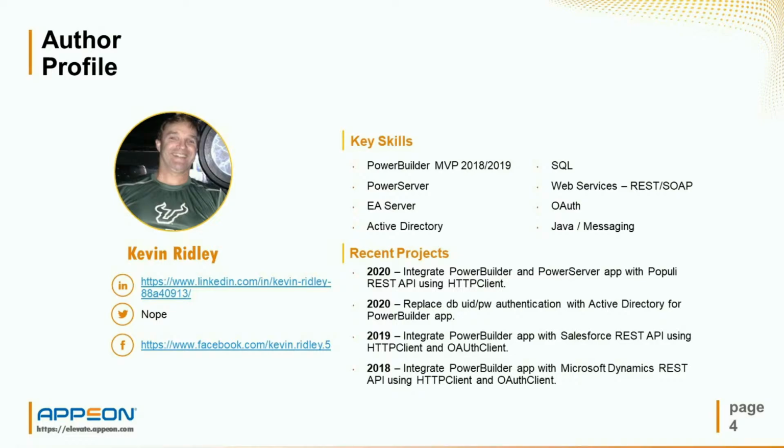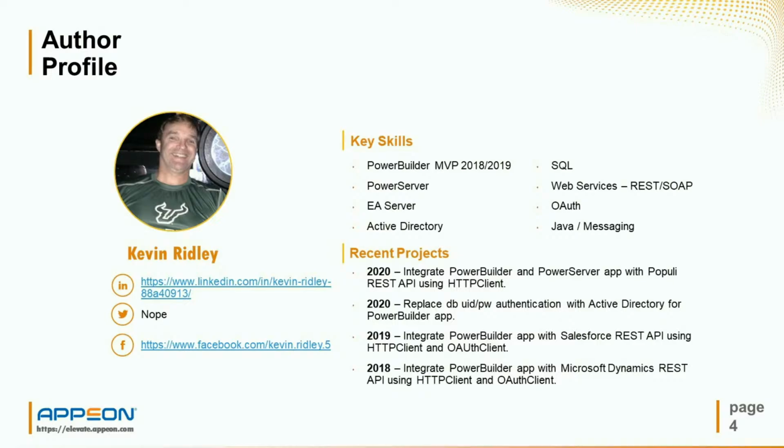So a couple of recent projects. This year I did an integration with a PowerBuilder and PowerServer app with the Populi service, and they had a REST API and connected to that using HTTP client. Also did an Active Directory project where we replaced the current database user ID password authentication with Active Directory.